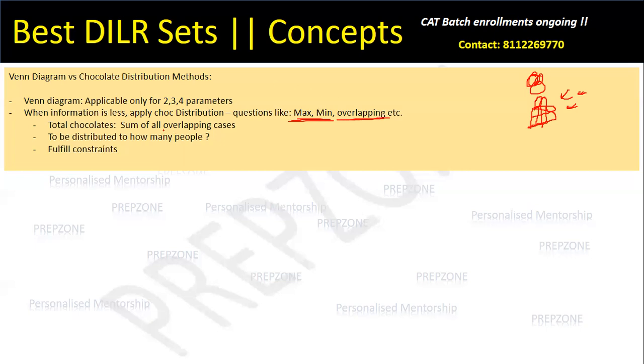Now, how do we solve chocolate distribution questions? The first thing is we have to identify what the total overlapping cases are.